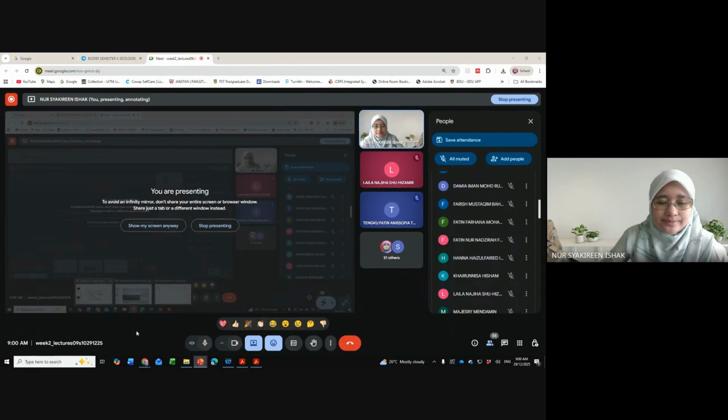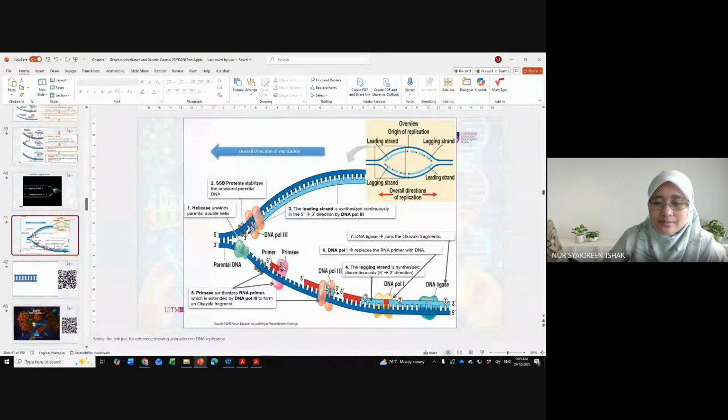Tengok gambar ni kan? So imagine the red nucleotide here, the RNA primer, has been removed and replaced with the blue one, which is DNA. Then you observe the DNA ligase will come and join the Okazaki fragments, and then you join the Okazaki fragment to form the leading strand.